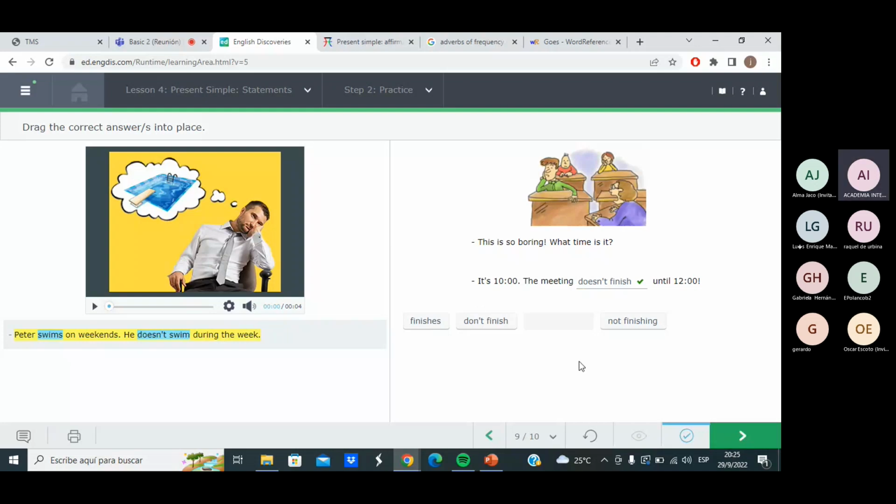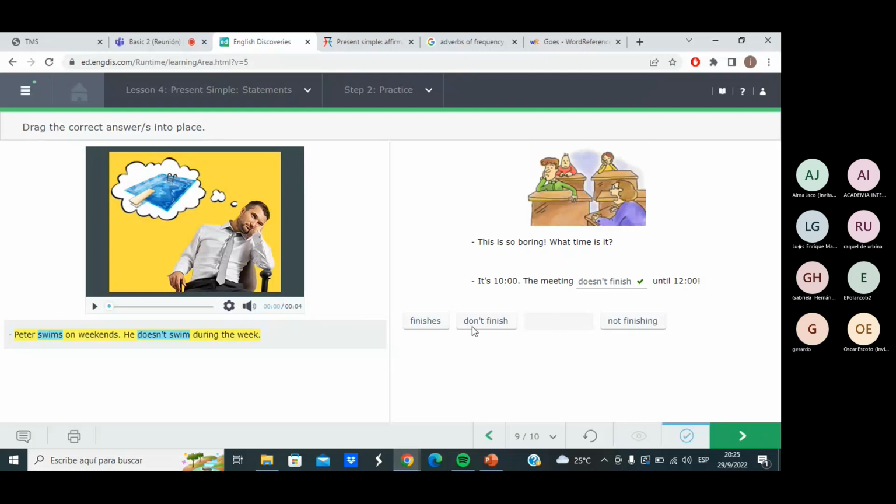Es como cuando nos dicen, la fiesta está bien aburrida. ¿Y qué hora es? Son las 7 y no termina hasta tal hora, ¿verdad?